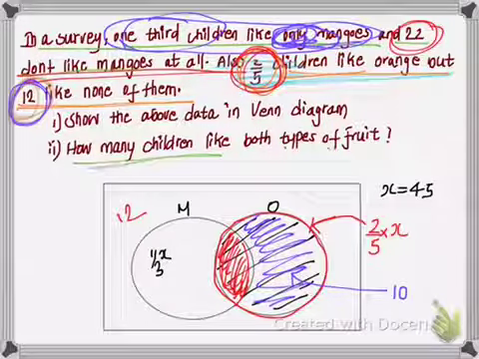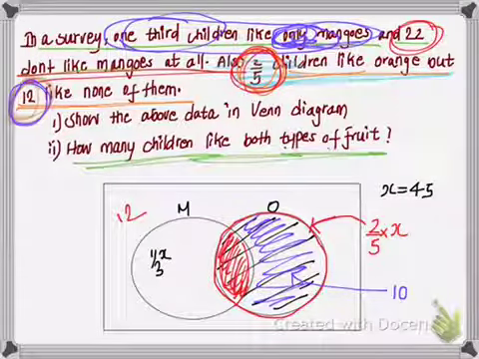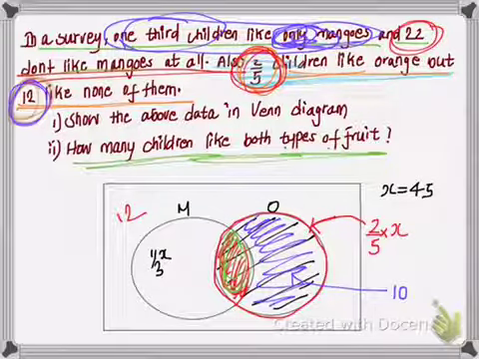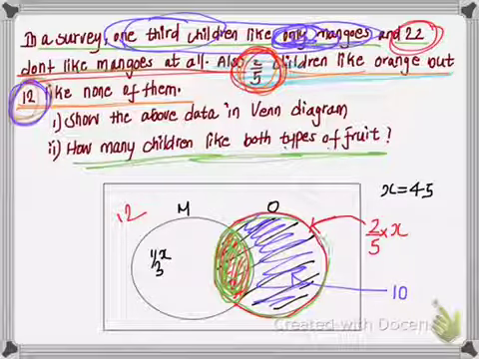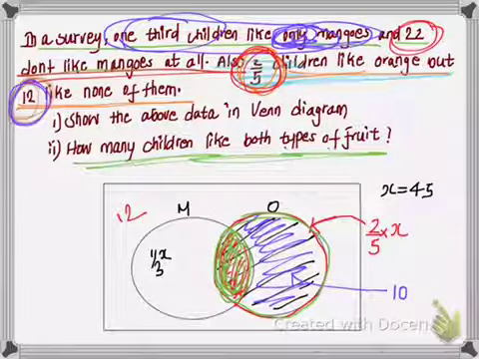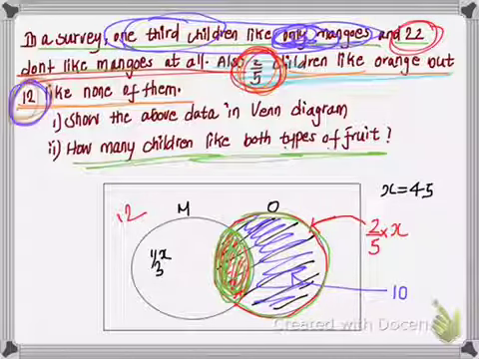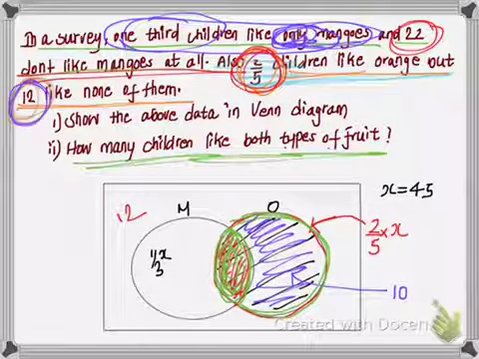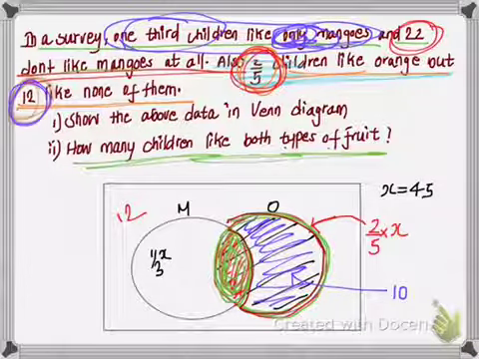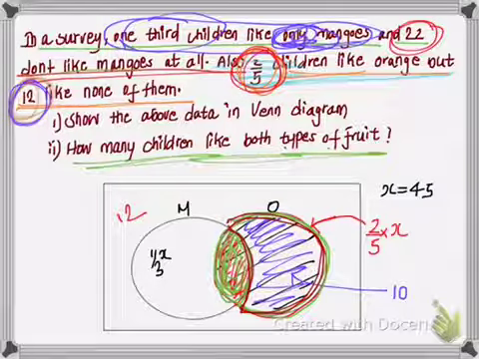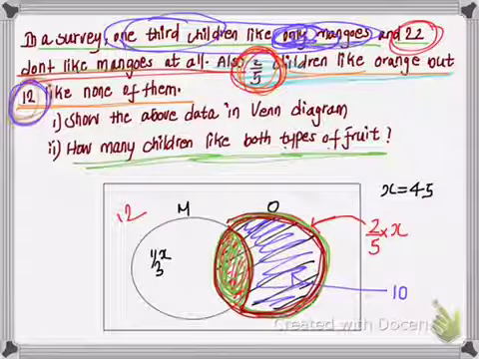Now let us find the number of students who like both types of fruits, which is this intersection part. To find this intersection part, we can subtract the number of students who like only oranges from the total number of students who like oranges.